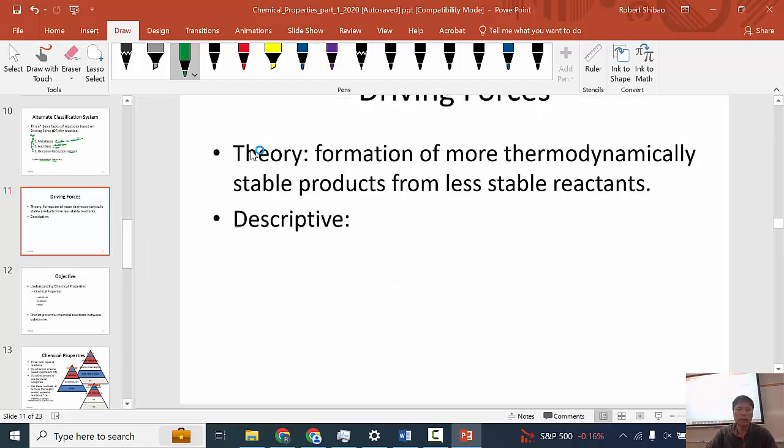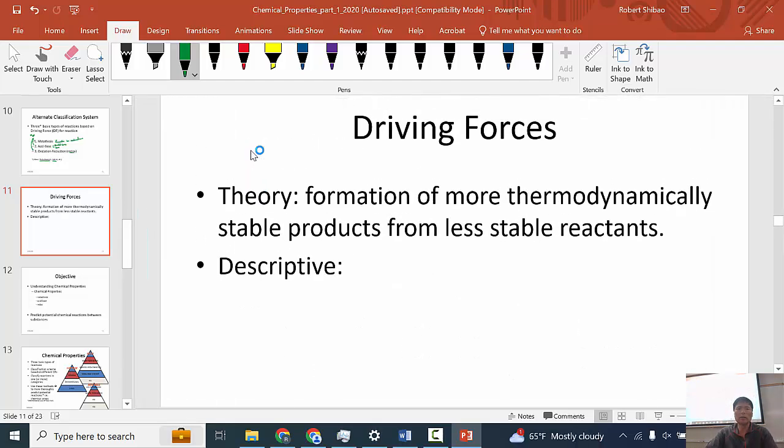These 3 categories, I want to approach more from a theoretical standpoint because I don't want to memorize them one by one. And so these 3 categories are based on the driving force. The driving force is a formation of more thermodynamically stable products from less stable reactants. So what we want to do is go downhill in thermodynamic energy.